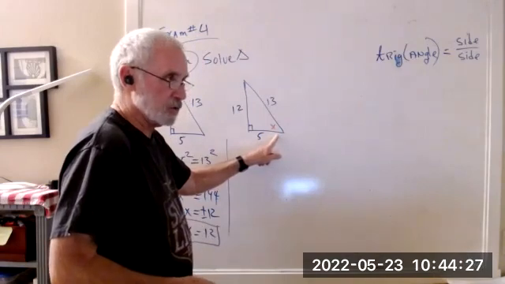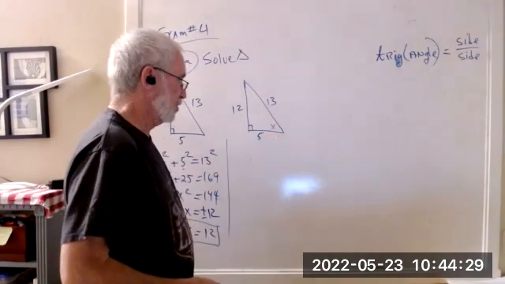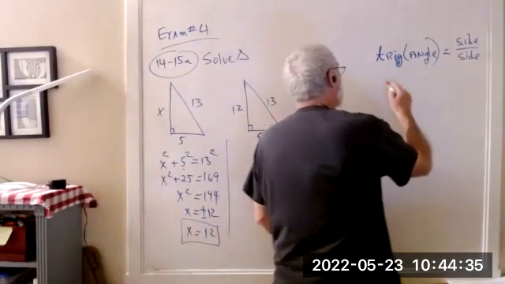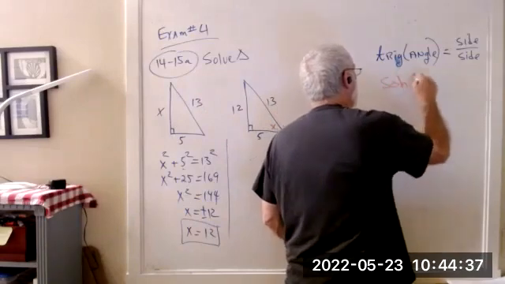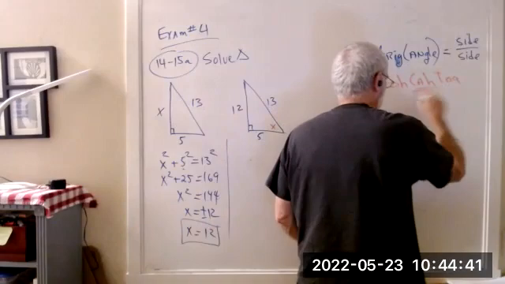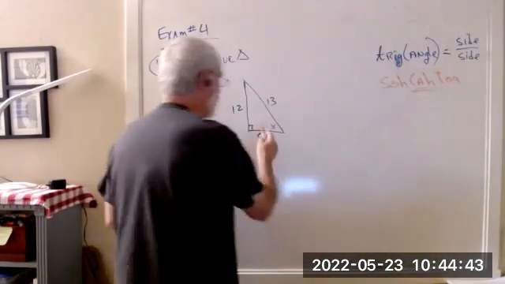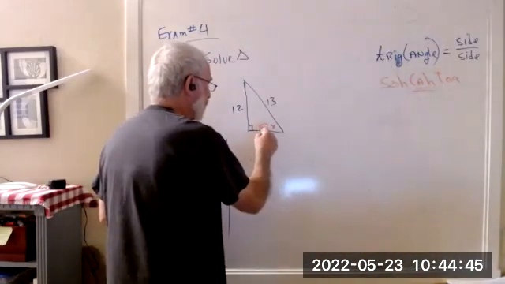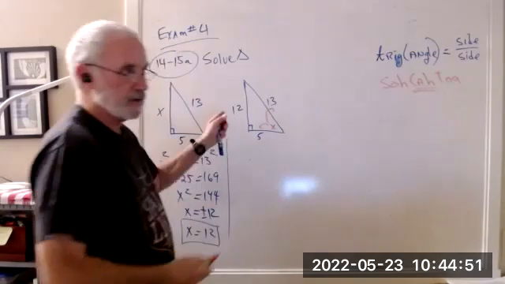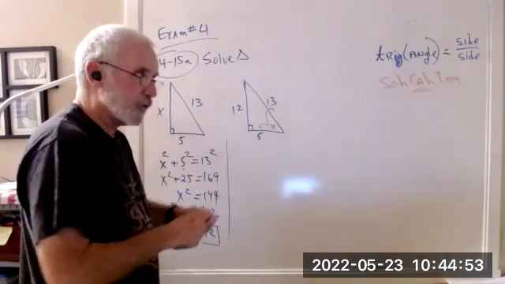What do I want to use? Cosine. Okay, so if you say cosine, remember, Sohcahtoa, the cosine is adjacent over hypotenuse. Now, you could have used sine also, but then that would have involved the 12, but cosine is great.